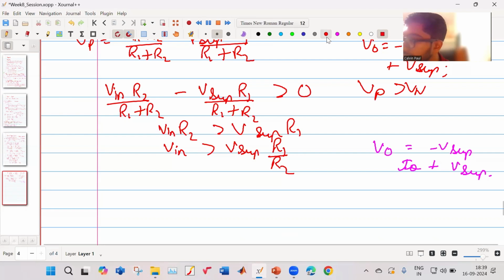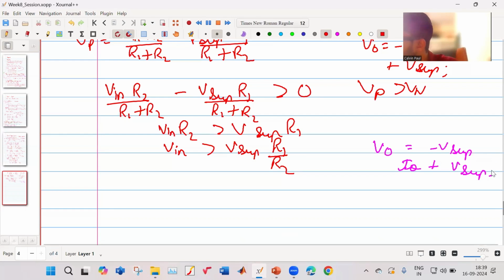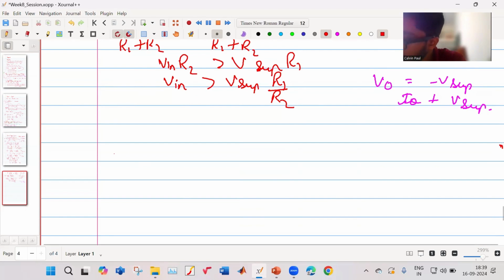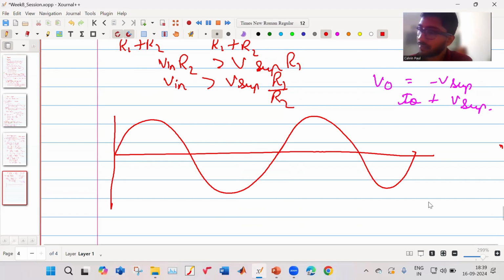So let us draw some curves. Let us draw the points. So this is my V supply into R1 by R2.